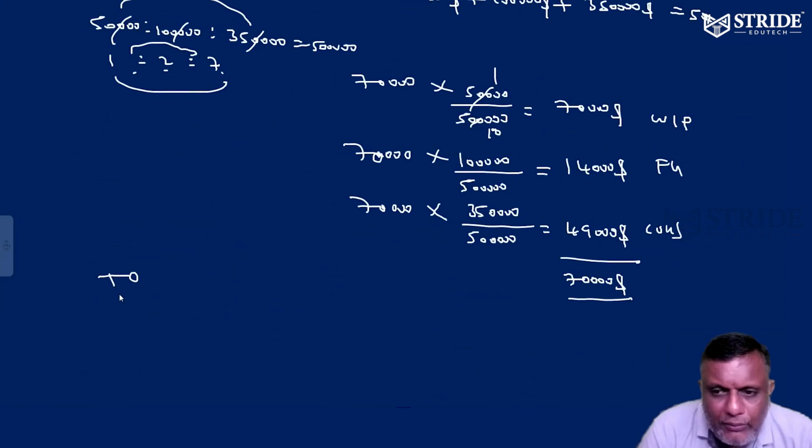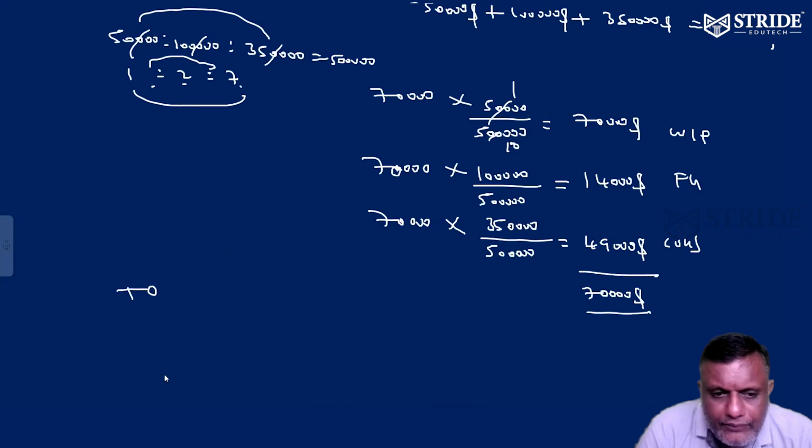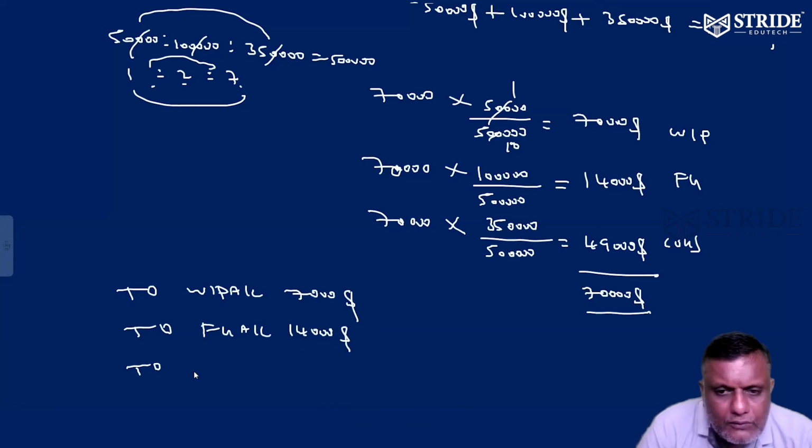But suppose the amount is material, now this is the idea: to WIP account $7,000, to FG account $14,000, to COGS account $49,000. Here the under absorbed overhead account is debited by $70,000.